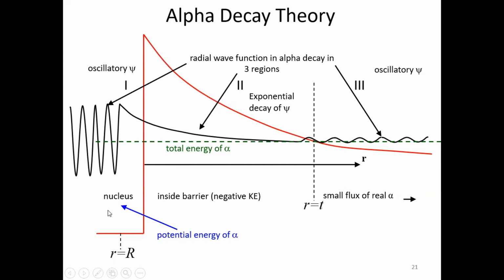If the total energy of the alpha particle is here, at the green dotted line, then the alpha particle will form an oscillatory wave function in region 1 and a decaying function in region 2, and again an oscillatory wave function in region 3.